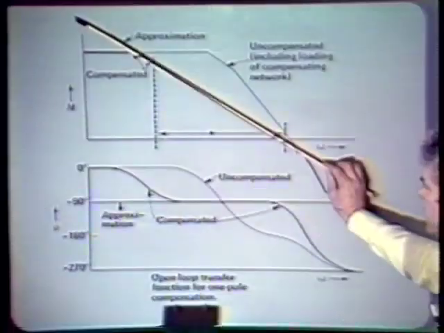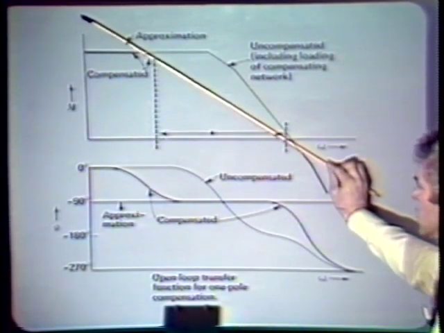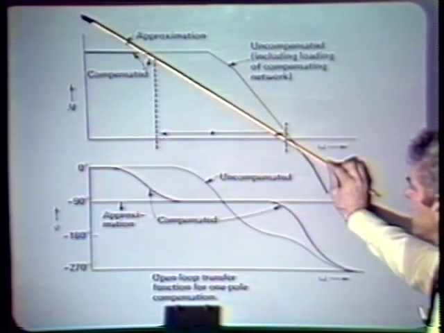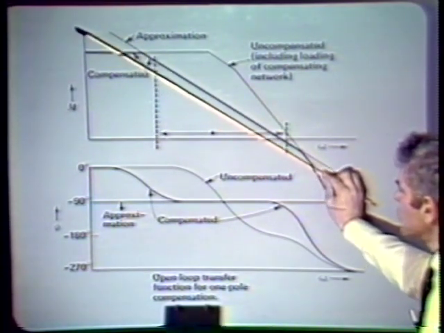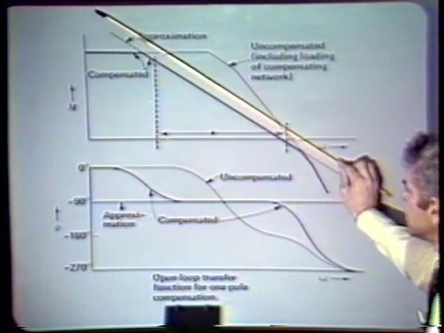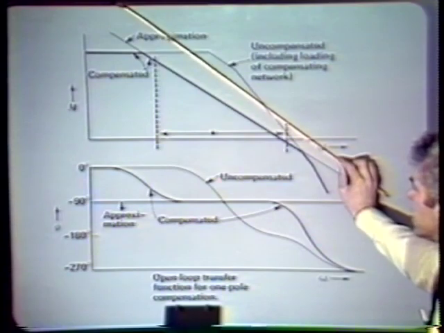This is the curve that is G sub m over 2 times C sub C s. As we change the value of C sub C to larger values, the curve moves down. As we decrease the value of C sub C, the curve moves up, implying wider bandwidth out of the amplifier itself.